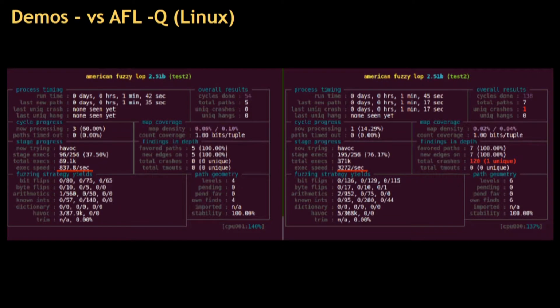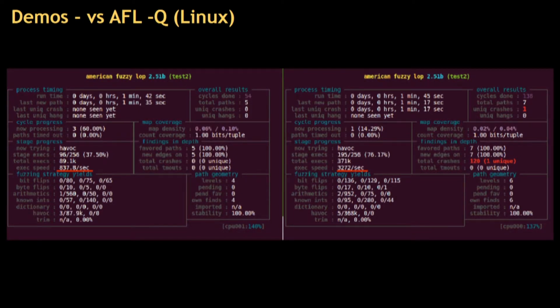Okay, so in this screenshot, you can see we have two screenshots, on the left side and on the right side. On the left side, we built Darko running on Linux. So it's a screenshot of Darko running on Linux. On the left side, we run the binaries in emulation mode, AFL -Q.